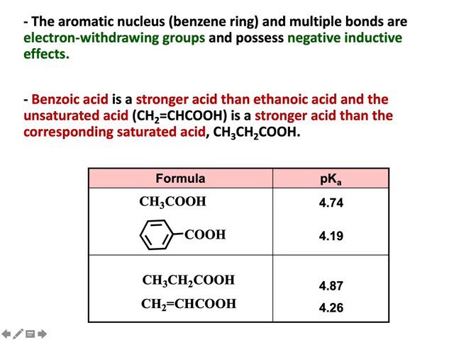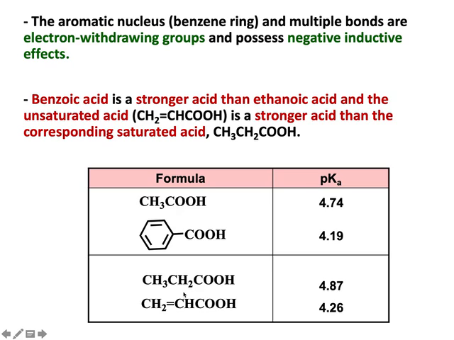So here is the aromatic nucleus, an electron withdrawing group which possesses a negative inductive effect. Benzoic acid is a stronger acid compared to ethanoic acid. As you can see here, it is a stronger acid than the corresponding saturated acid.